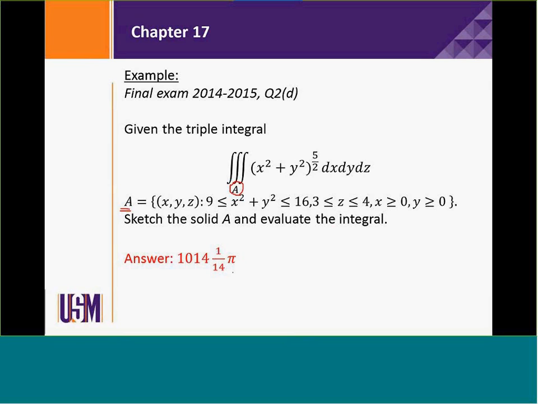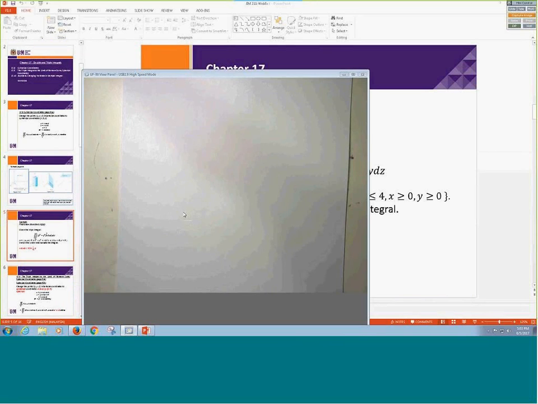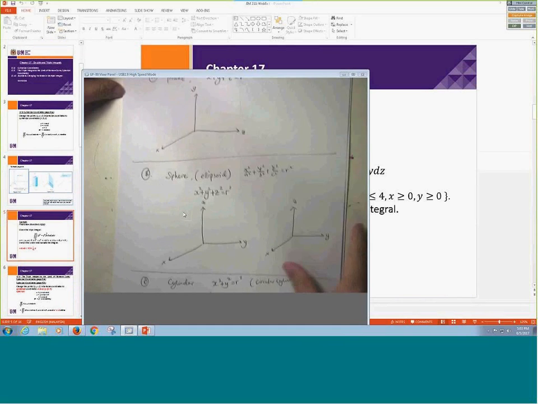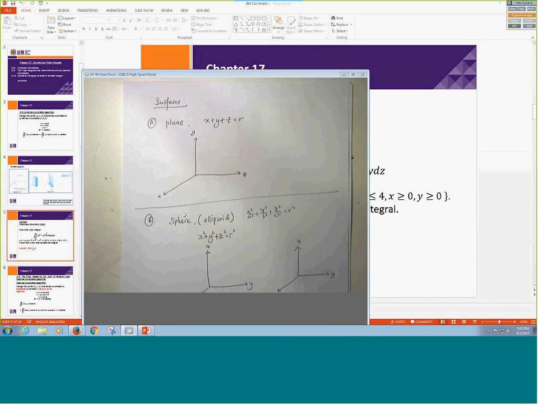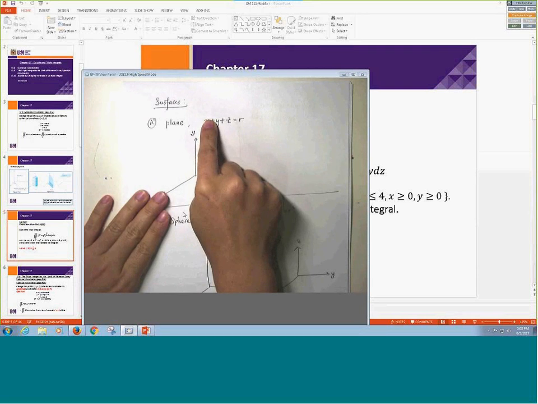So the first thing is how to sketch the solid. You should be familiar with the surfaces, so I would like to show some of the surfaces that you should know. The first one is the plane. You will find that it is linear in x, y, z.